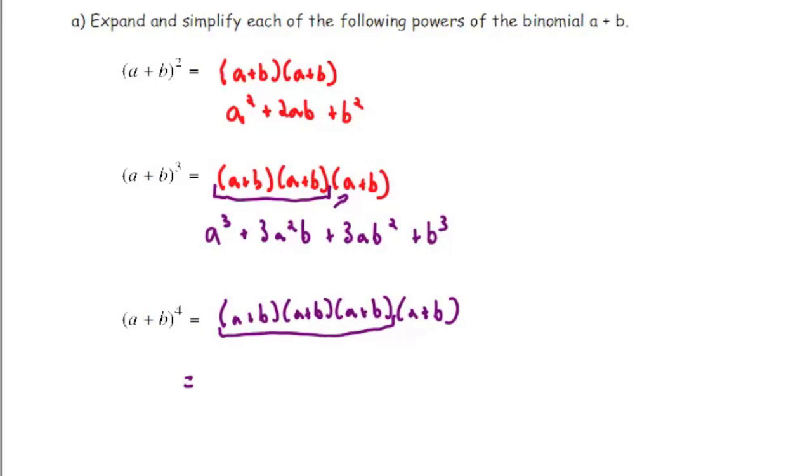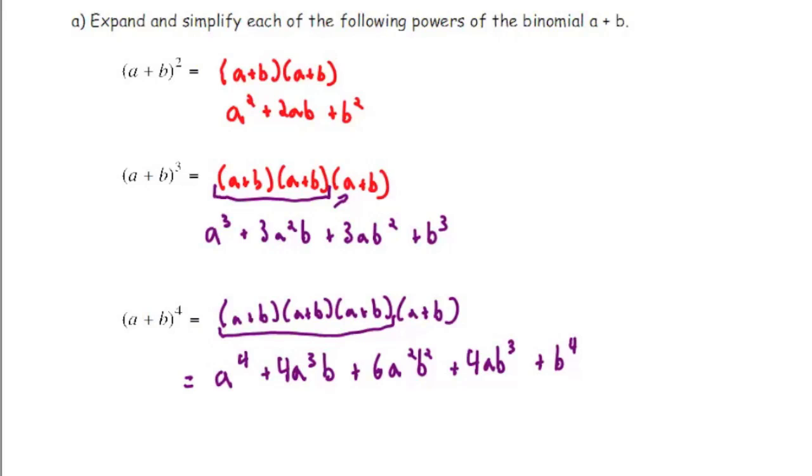Well, again, we have the answer to this one from the top, and you would just expand every term through the final binomial, and you would end up with a^4 + 4a^3b + 6a^2b^2 + 4ab^3 + b^4. So again, you could do this by hand, and it would take you hours upon hours.